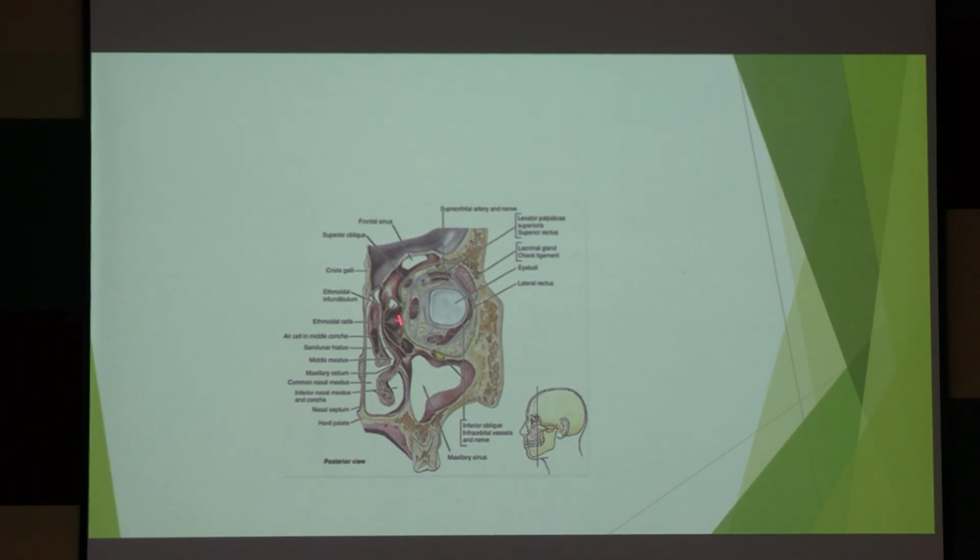And there is a thin bone forming the lateral wall of the nasal cavity superiorly, dividing the ethmoid sinus and the orbit. This is known as lamina papyracea, right? So when doing surgery, this bone is so thin, you can breach it and go directly into the orbit, right? So this is one of the complications.